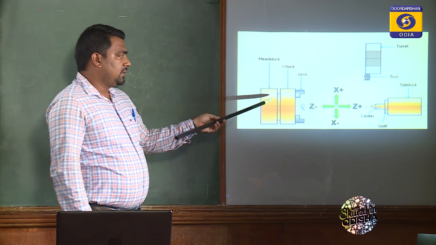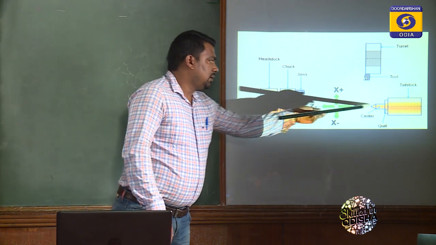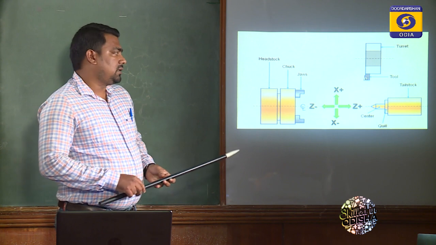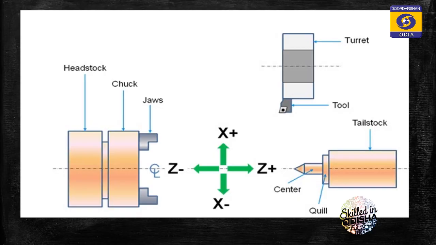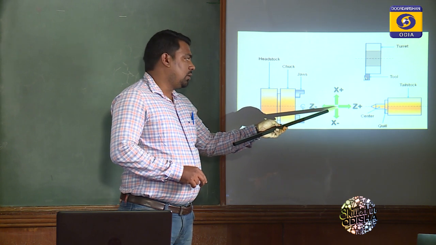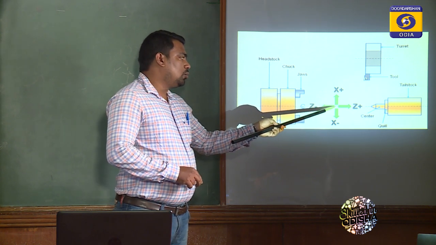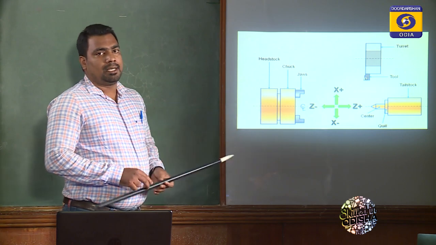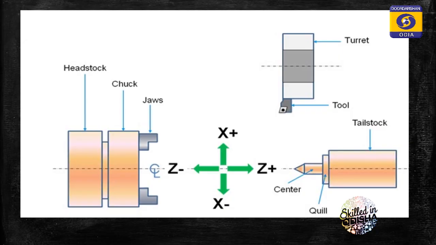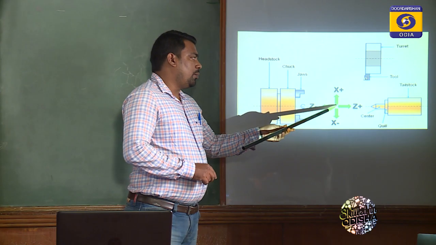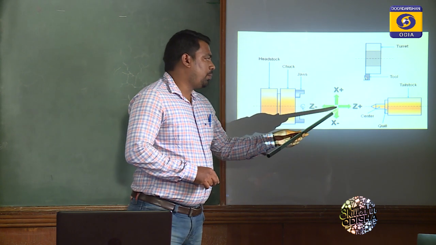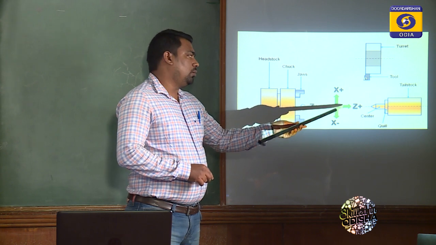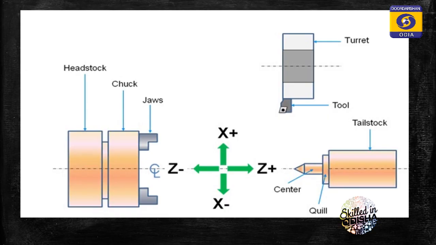We have already discussed that this longitudinal movement is called Z axis movement. From this point, since it is 0 0, when the machine turret moves in this direction, we call it Z minus, and when the machine turret moves ahead of this floating point, we call it Z plus direction.